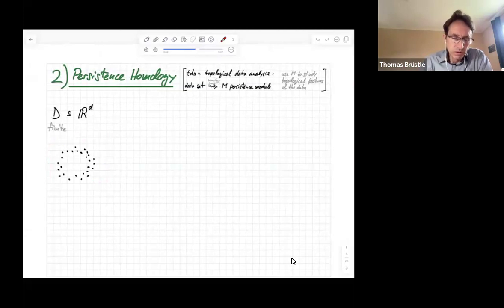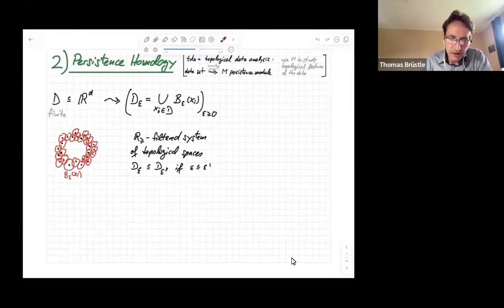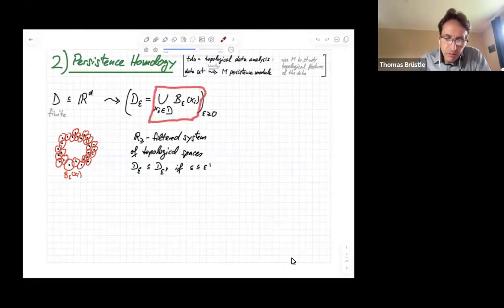So in order to see that this point cloud forms something like a circle, what people in TDA do is they blow up each point by a certain radius, epsilon, and then they take the union of the balls around each point of radius epsilon, and they consider then D epsilon, which is the union over all those balls, and then you see it somehow starts to connect.